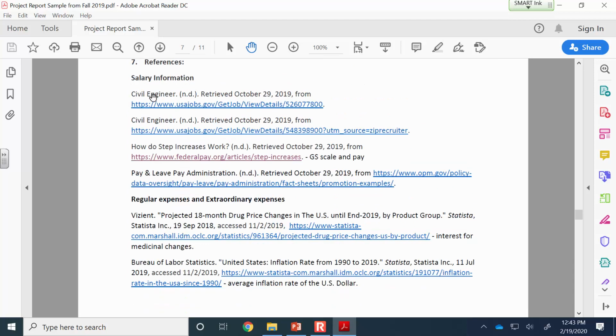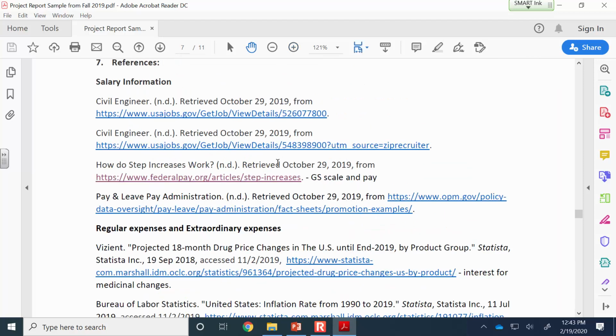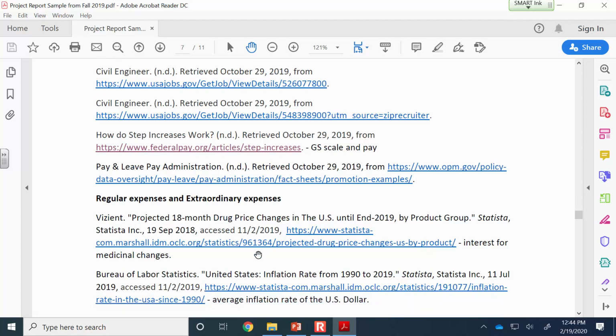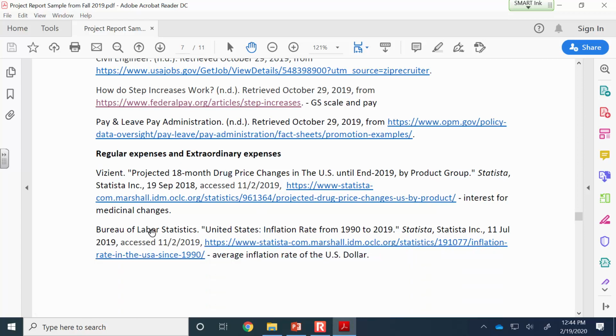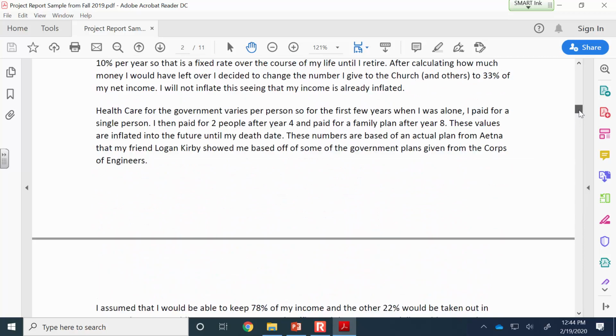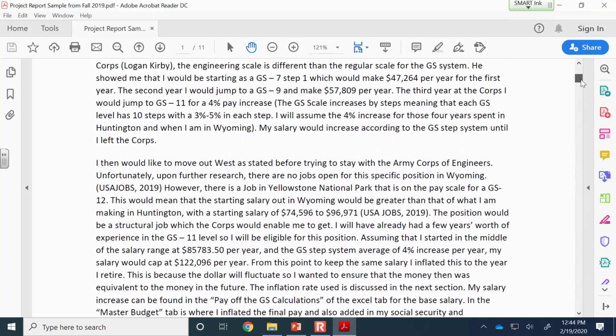For each of these web resources, it has the title of the page, the date that it was retrieved, and the site. Some of them are articles. Some of them are government websites, Bureau of Labor Statistics, the title of the page. And if we go back to the way that it was cited in the body text, it's the source and the year inside the parentheses there.